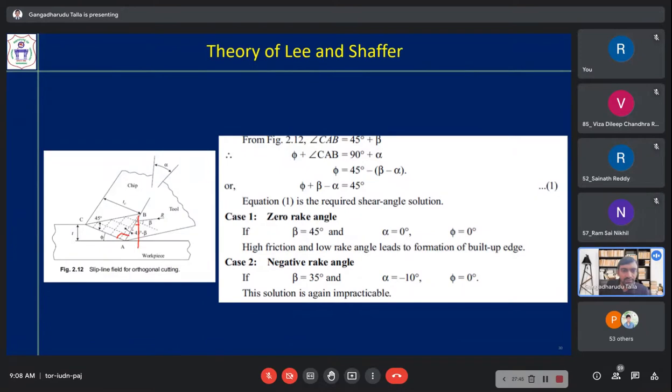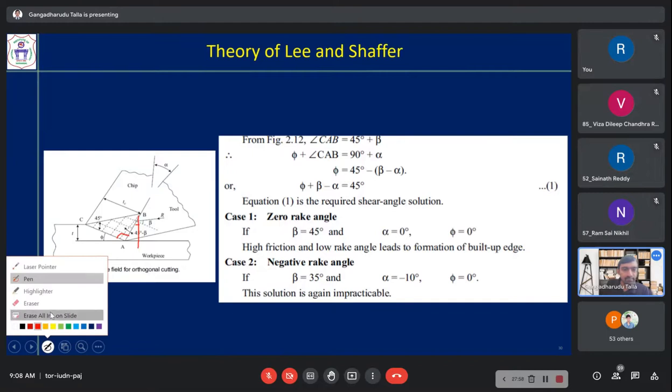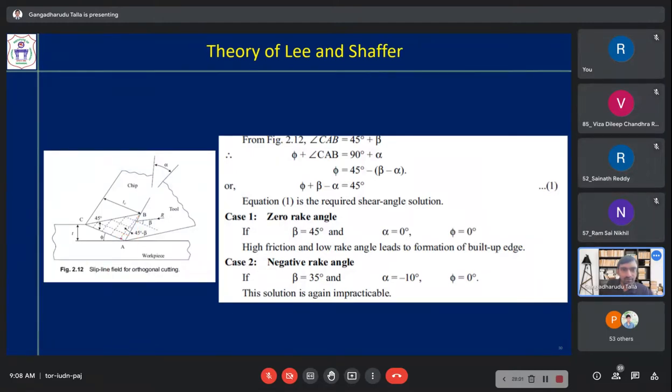This is becoming now 45 minus beta. This is 45 plus beta here. So finally beta is here. Carefully observe, beta is here along this slip line and R, the resultant force.